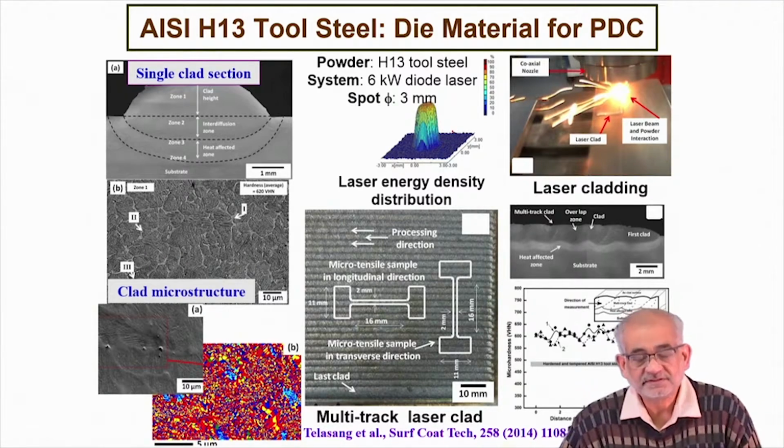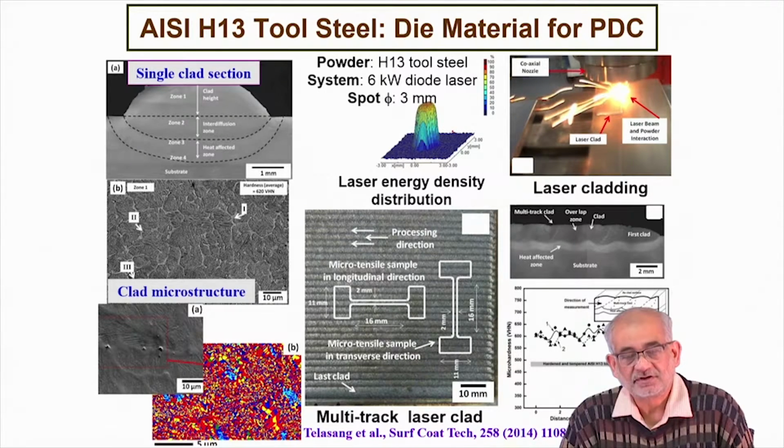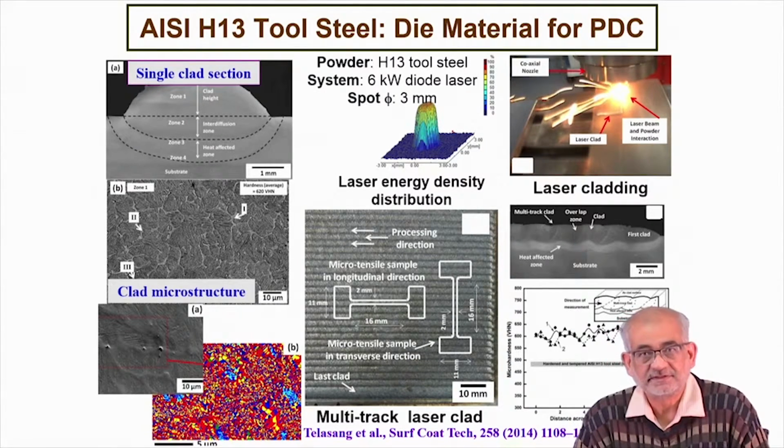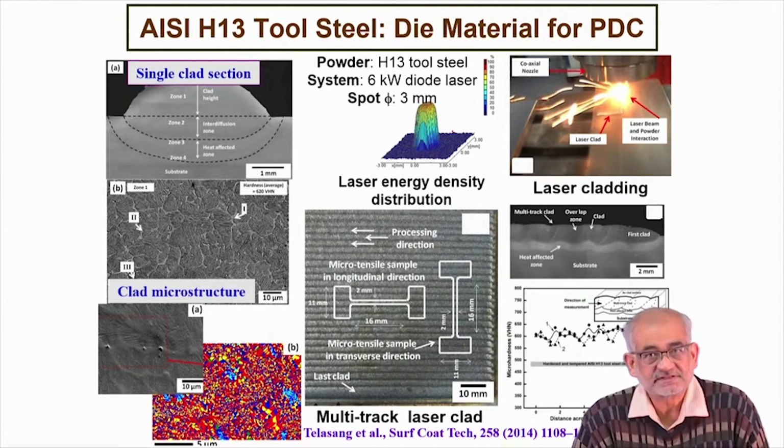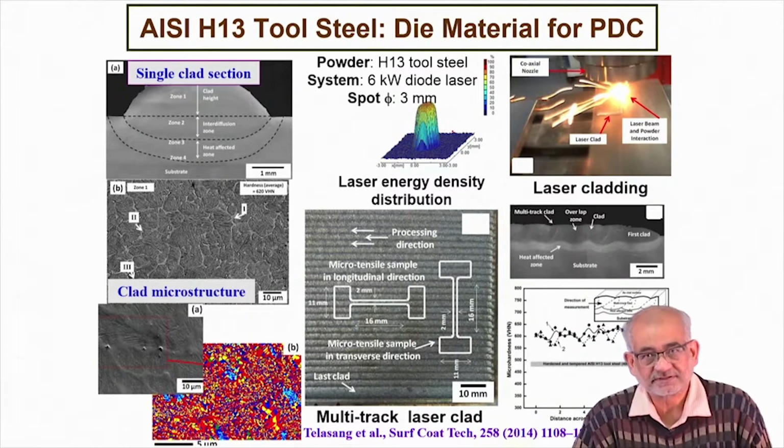That was an exploratory approach where we wanted to retain the amorphous structure of the liquid state into the solid, but that wasn't possible. Nevertheless, I didn't present the remaining part of the results, which shows very significant improvement in hardness and wear resistance of that layer.